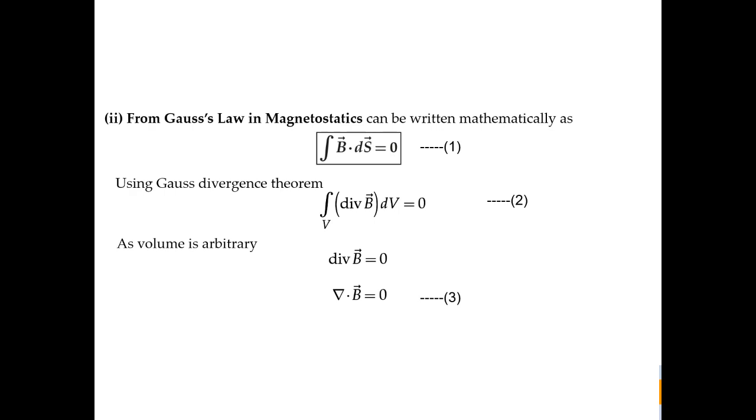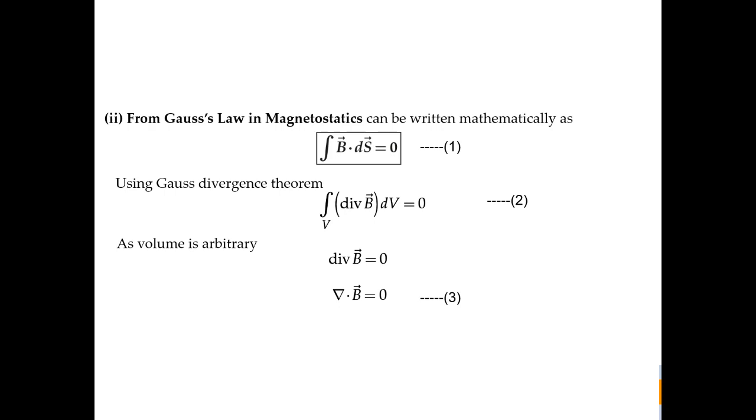As far as mathematics is concerned, this is very easy to see that if you apply the Gauss divergence theorem to equation 1 on the left hand side, then as we discussed earlier, the surface integral can be converted into the volume integral, the volume integral of the divergence of that vector.